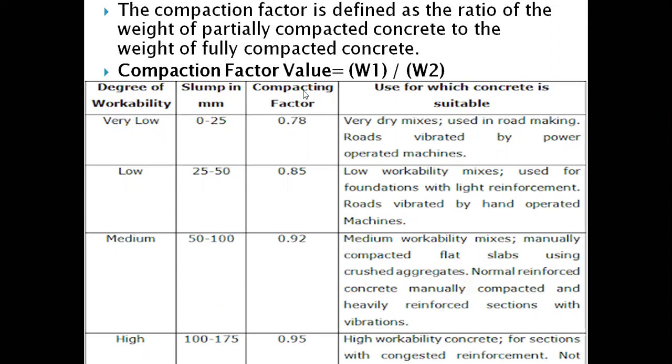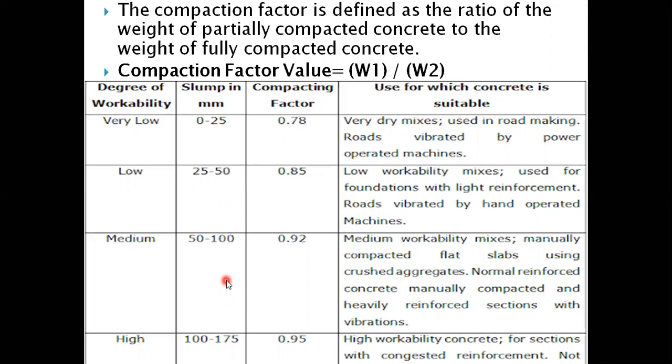So it is all about the compaction factor test, which is useful for determination of the workability of a concrete. Remember, the slump cone is also useful, but when the concrete is very harsh, very dry with a lower water cement ratio, then the slump cone test will not give the required results for the workability.